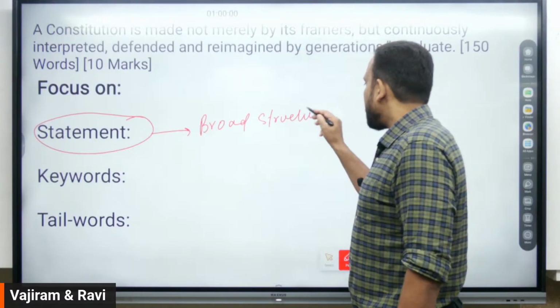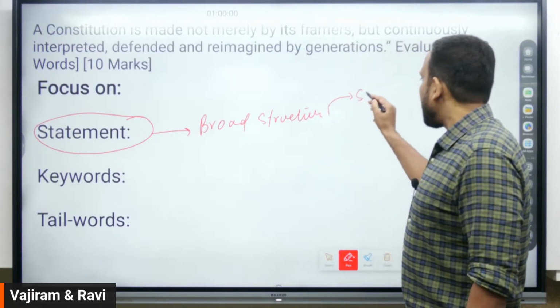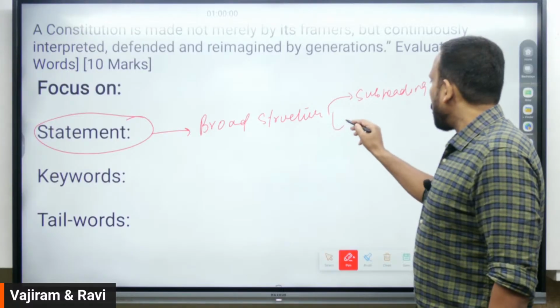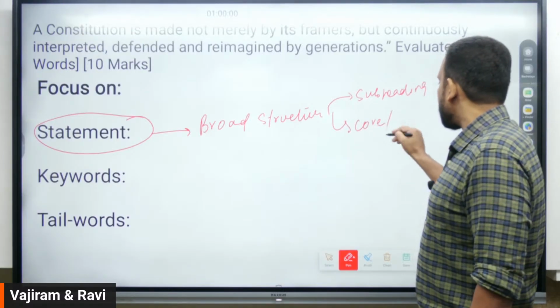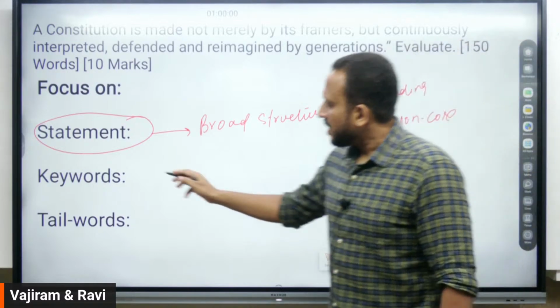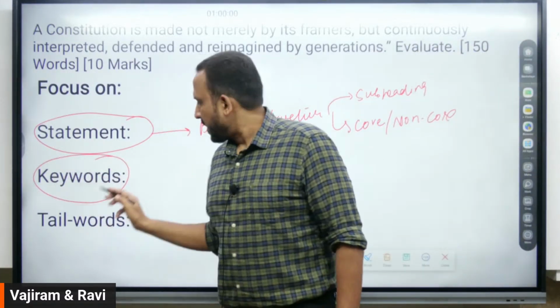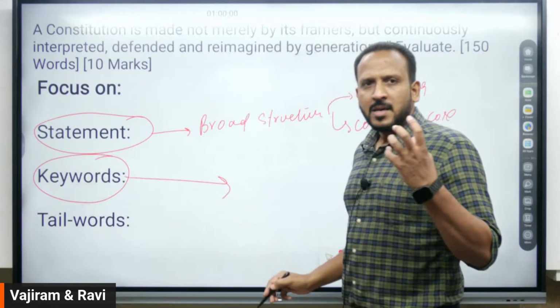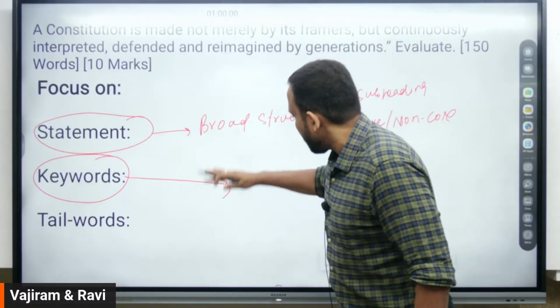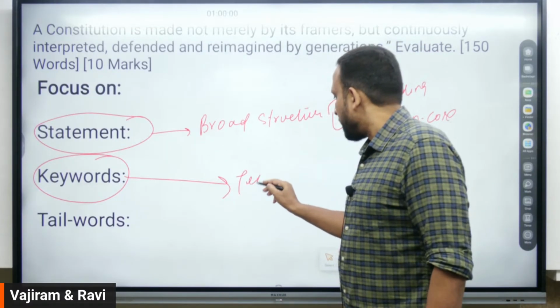Broad structure means how many subheadings are we going to use? What is the core and non-core demand of the question? Whenever we focus on the keyword, we get the templates.